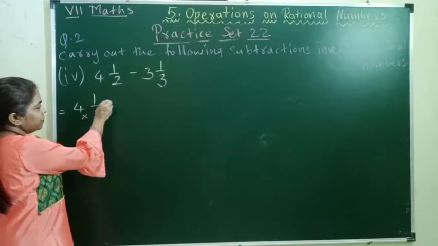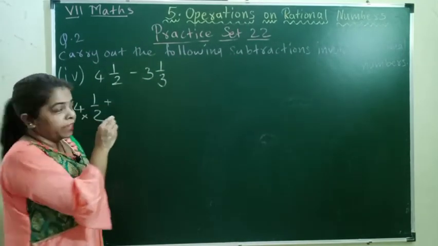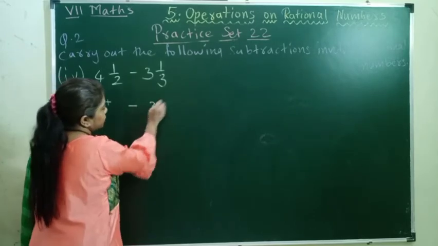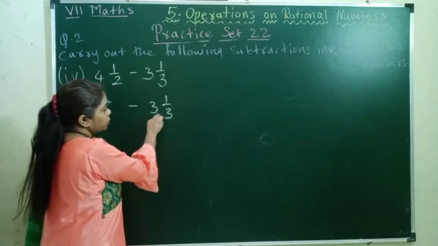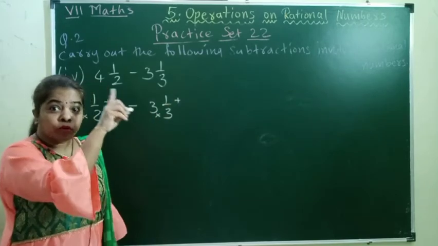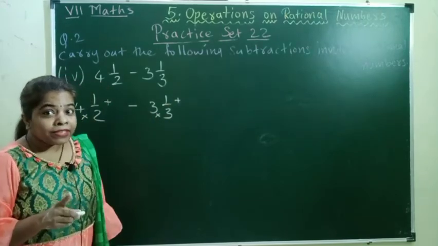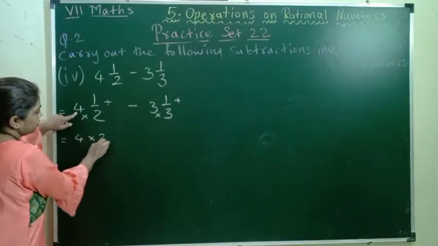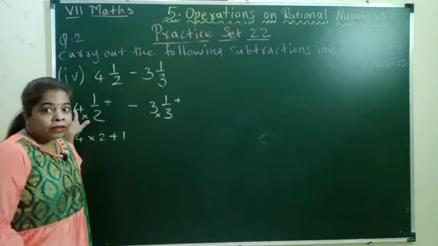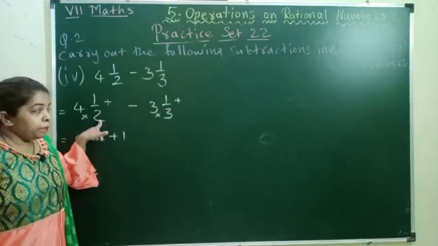Into and plus. We know the technique now, children. Minus, into and plus again. Here into, here plus. We know how we move in a circle, from where we start. 4 into 2 plus 1.